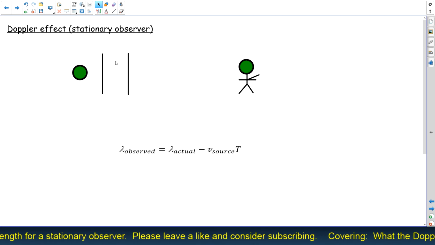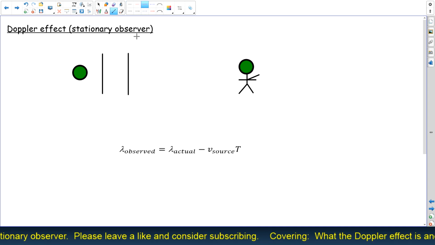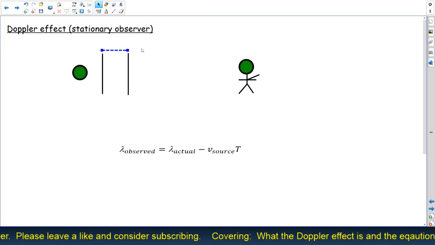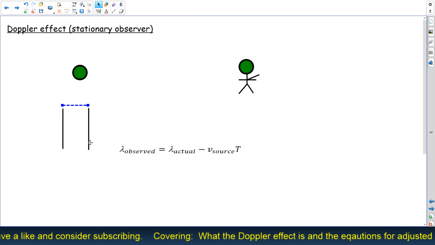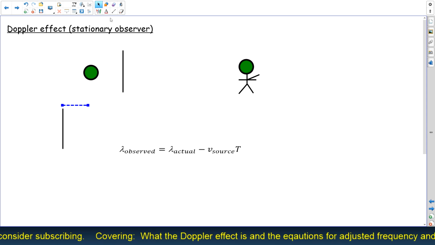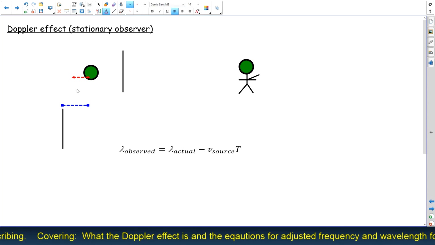Does that seem reasonable? However, what's happening is because this object has, so this would be like lambda natural here. But this object has created a wave, then moved itself forward some distance. Call that d.